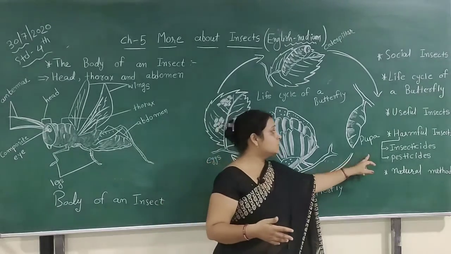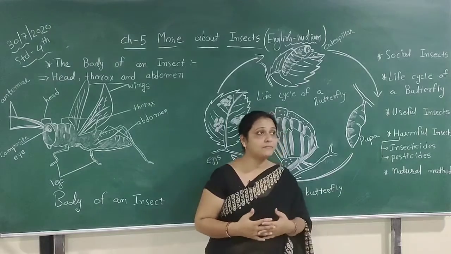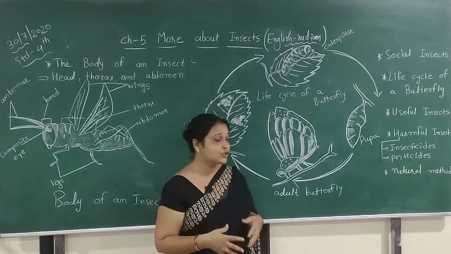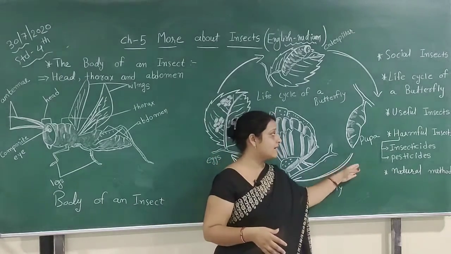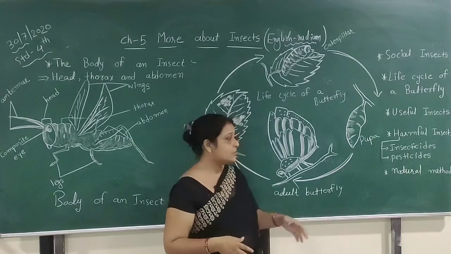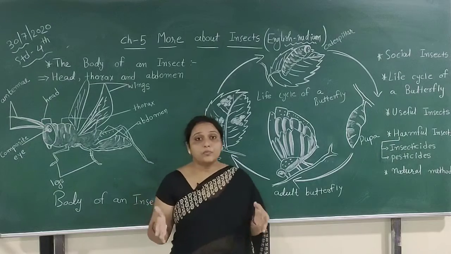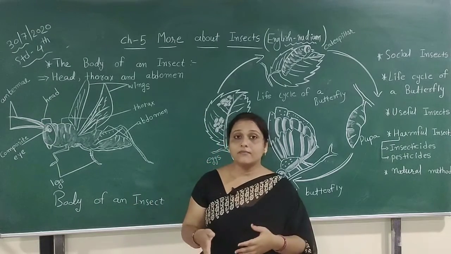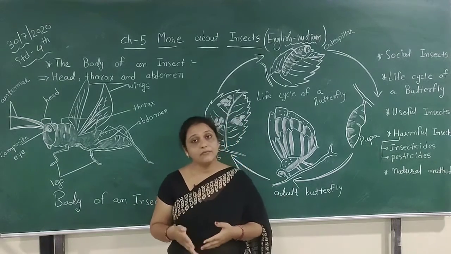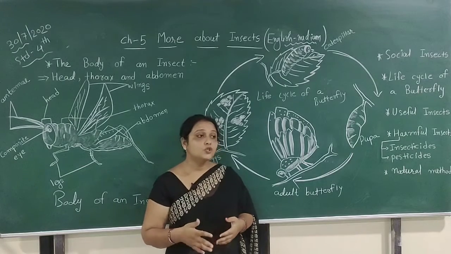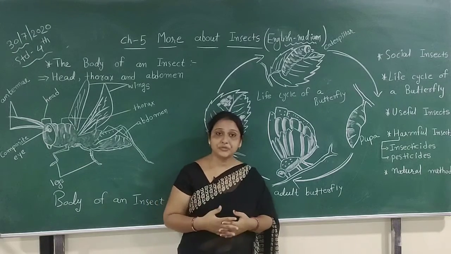So we have different types of methods to destroy the harmful insects. For harmful insects, insecticides and pesticides are available. Why? Because harmful insects damage our food and other things of ours. So we have to destroy them.